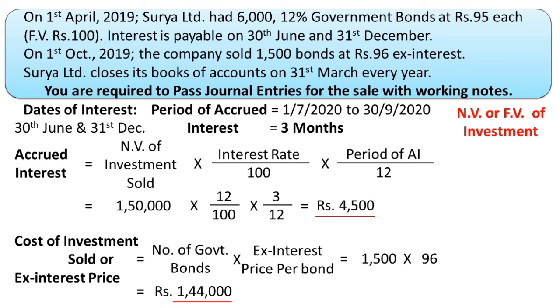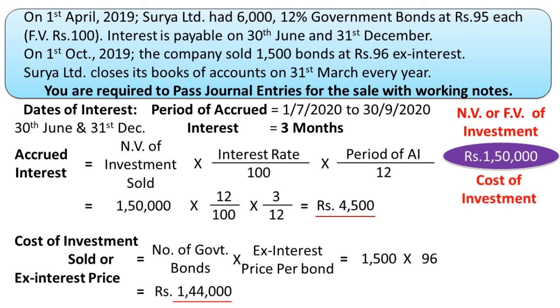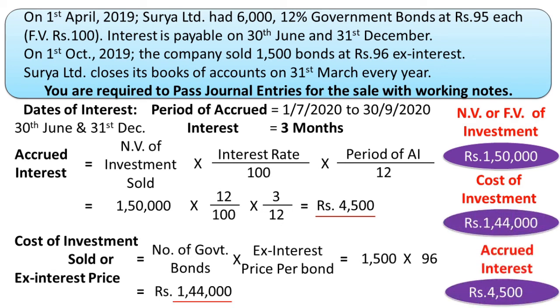Now we know the nominal or face value of investment, which is 1,50,000. We also know the cost of investment that we have calculated, rupees 1,44,000. And we also know the amount of accrued interest, 4,500. Now let us try to journalize the entries. See the model entry for ex interest sales.